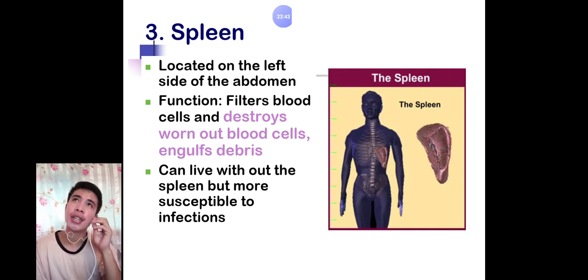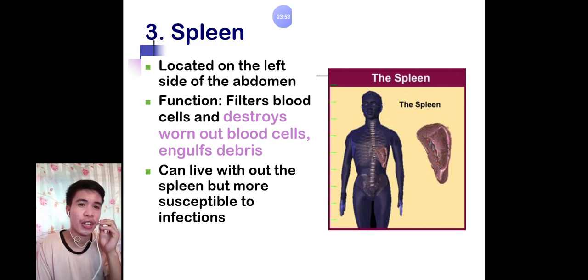So another reason why pwede ta mabuhi without spleen is ang function sa spleen is kayang i-take over sa atong liver. So that is according to my research na lang. So kaya nato mabuhi without spleen.